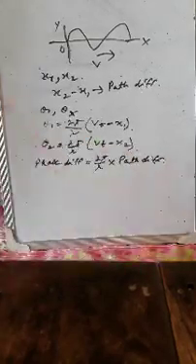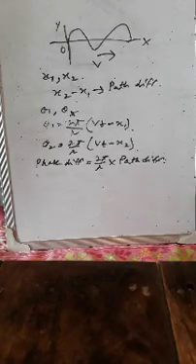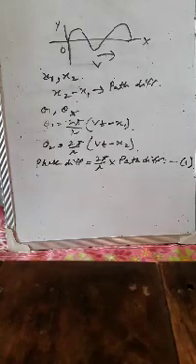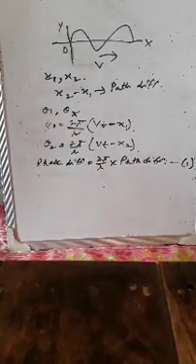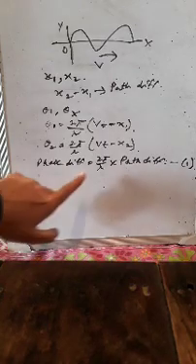We call this equation number 1. From this equation we get the phase difference when the path difference of the two particles is 0, lambda, 2 lambda.